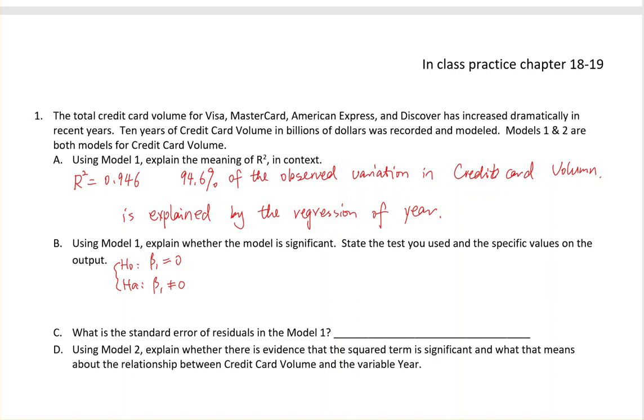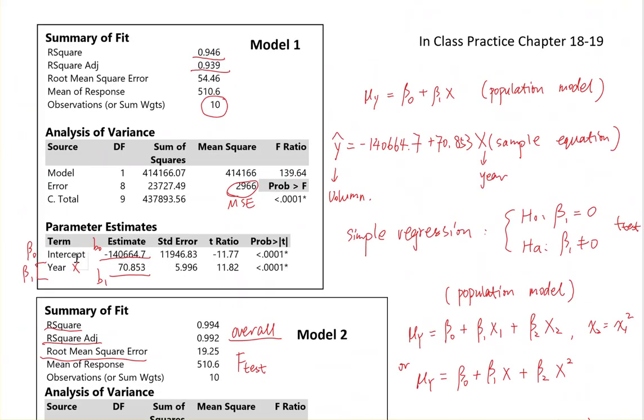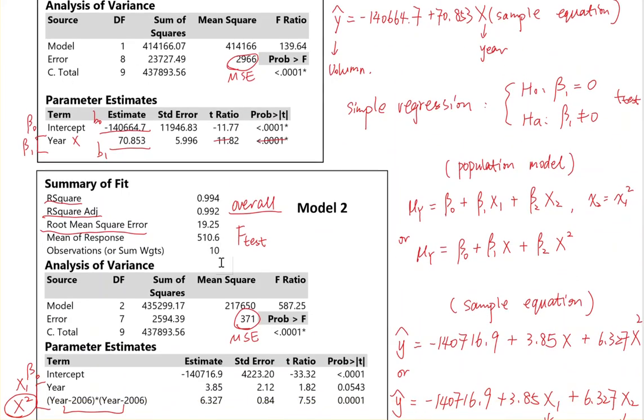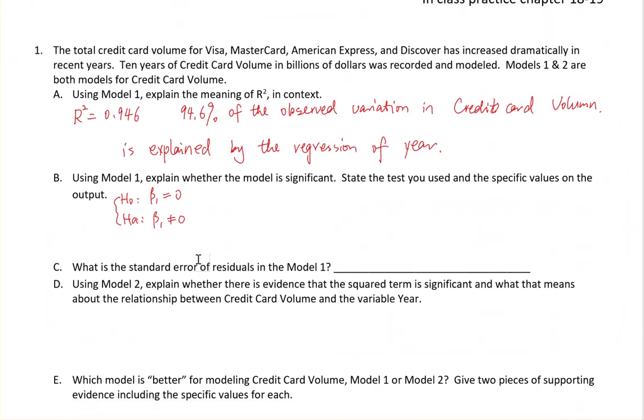All right, and then for this test, we can find the corresponding b1 in the parameter estimate table. For b1, we have the corresponding t-test statistic and p-value, right? Okay, so we have 11.82. So we have the t-test statistic equal to 11.82, and then the corresponding p-value is very small, less than 0.001.